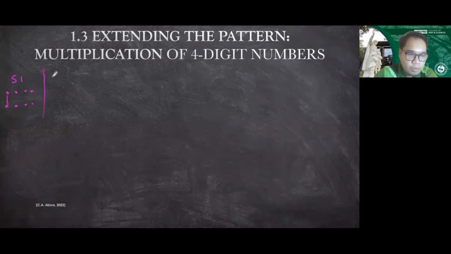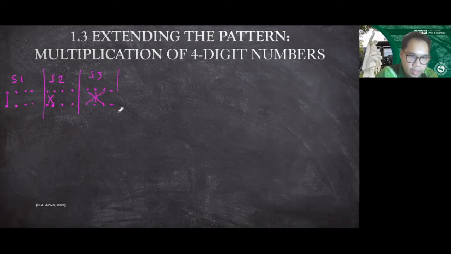Okay, step two, let's imagine 4 digits right here. It's now the start of the crosswise. So we cross this, the thousands to hundreds and hundreds to thousands. That's step two. Step three, similar to the 3 by 3, we multiply the thousands to the tens, hundreds to hundreds, tens to thousands.